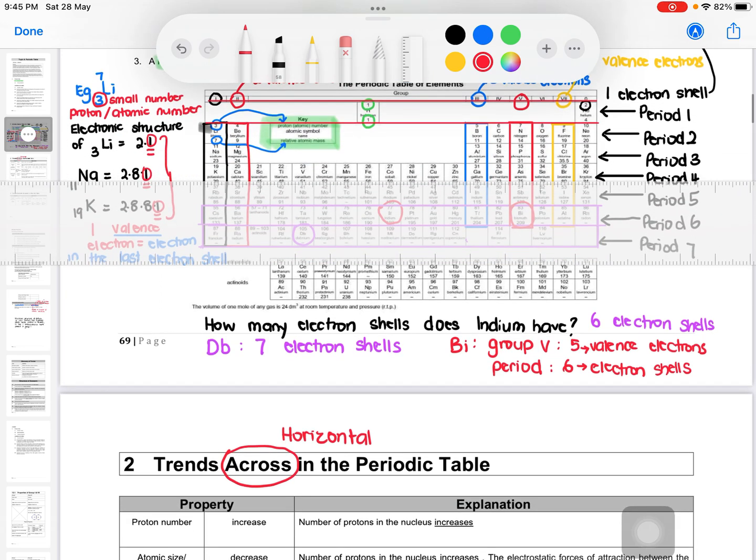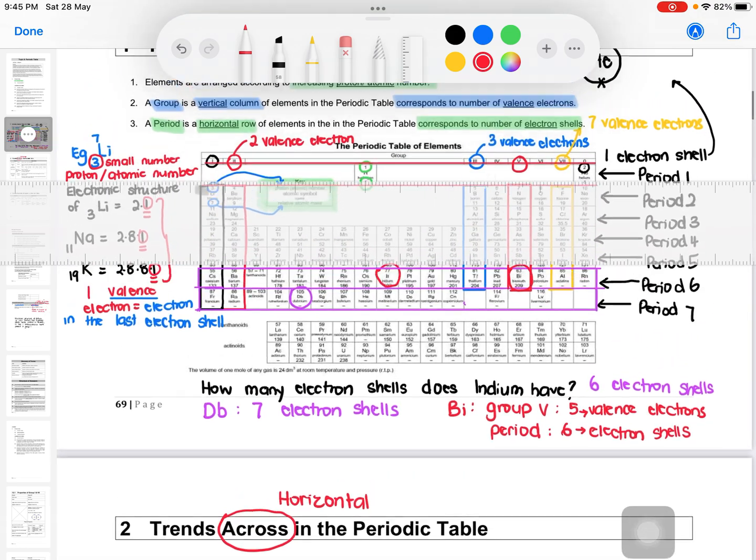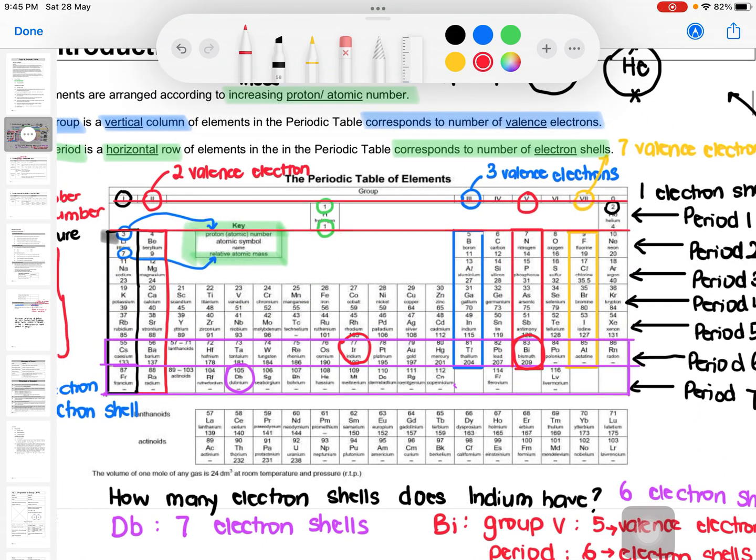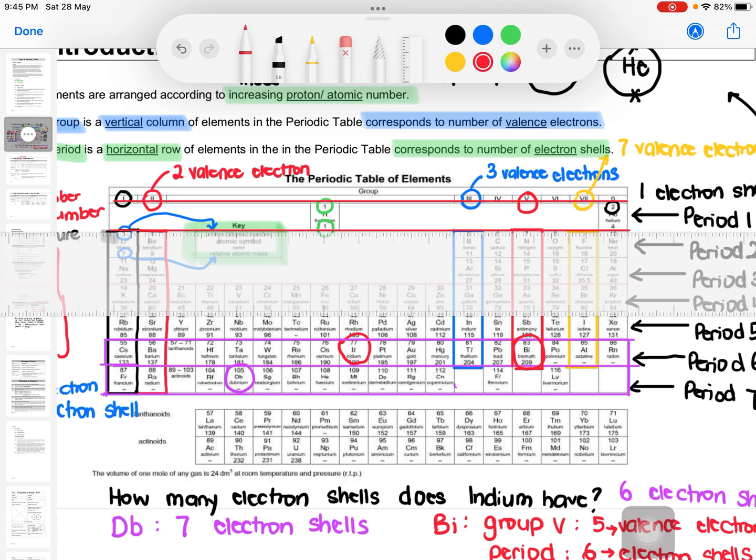So if they say proton number increases, you look at the proton number. Proton number is the smaller number. So if you look at the smaller number, let's look here. This is 1. I move across the period, it increases. Oh, sorry, wrong value here. So sorry.